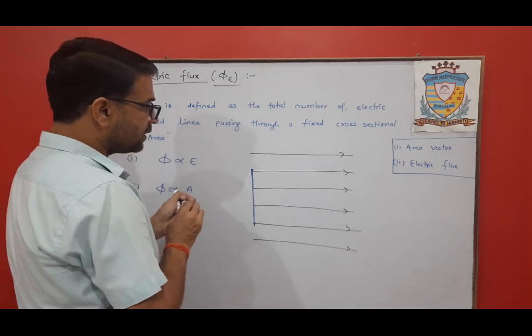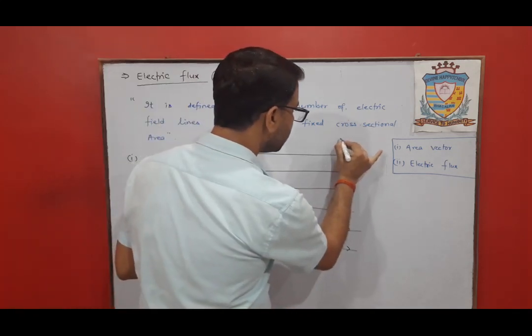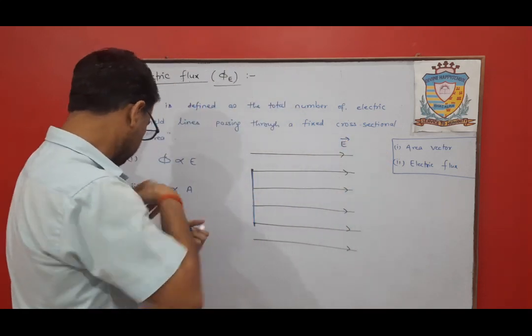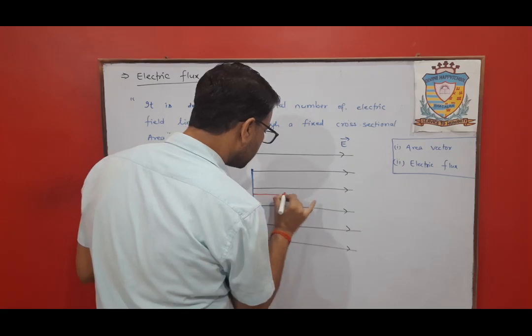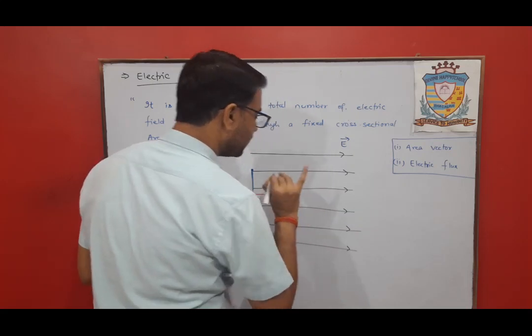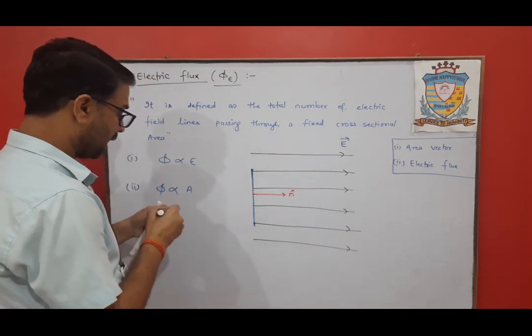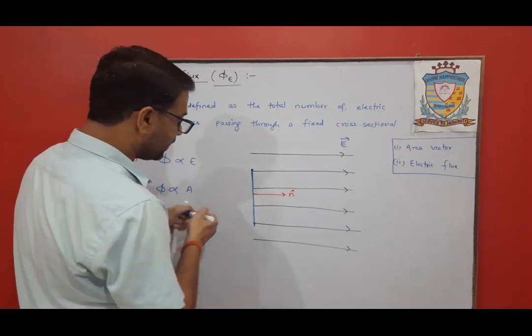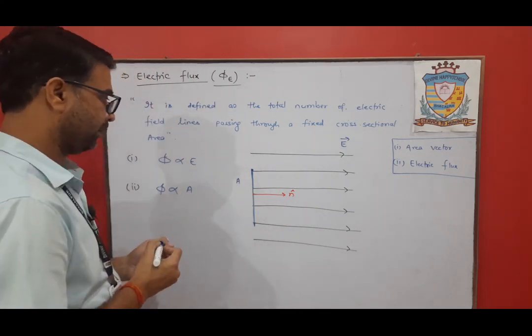In that case, this is the direction of the electric field intensity and this is the direction of the area vector, that is n cap, the unit vector which represents the area. Let the total area be A.